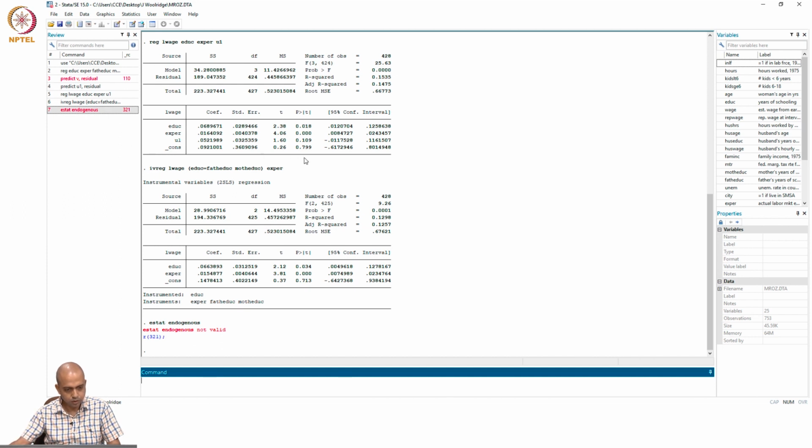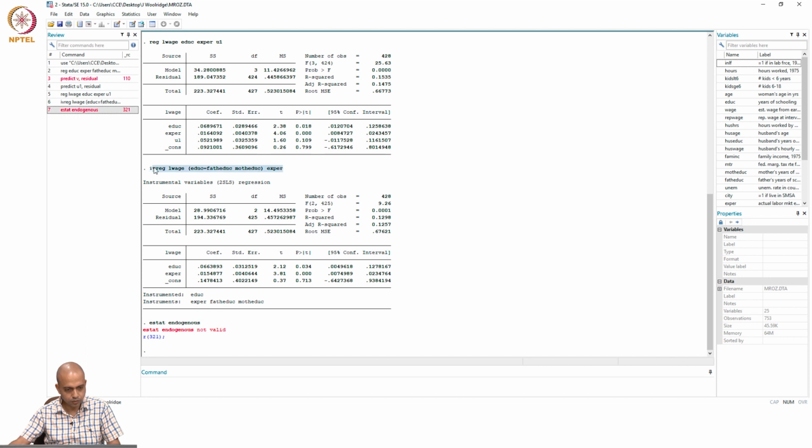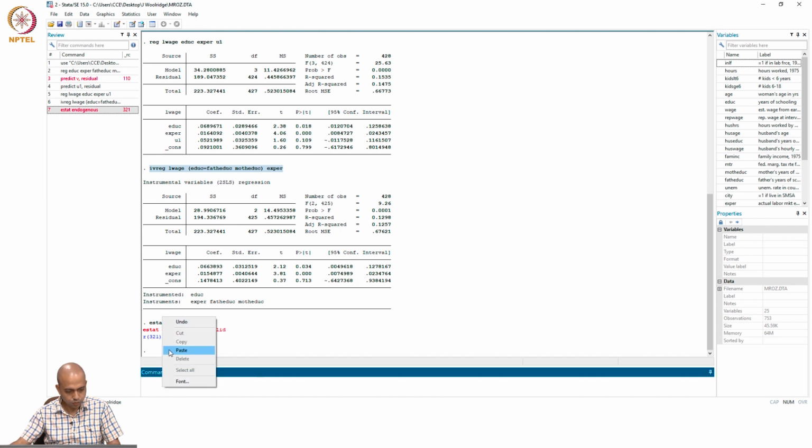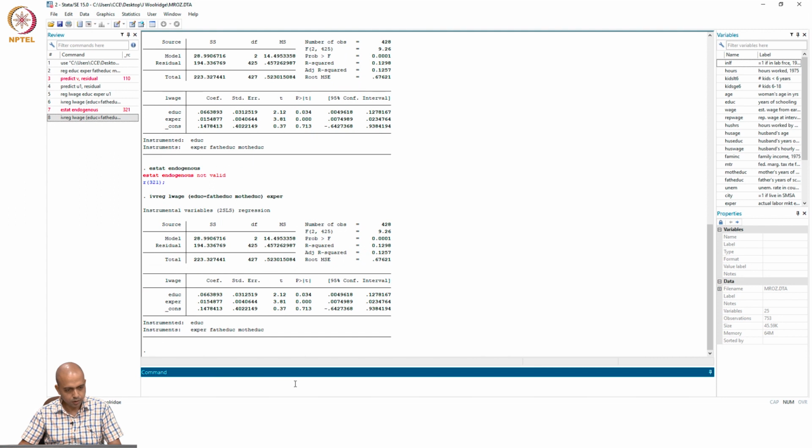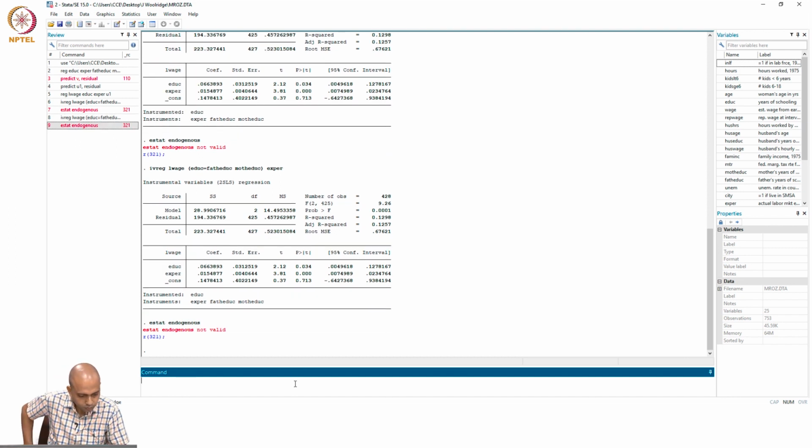So this is our model, ivreg log wage. Then the command we are using is estat endogenous. Yesterday it was working. What is the problem with this command?